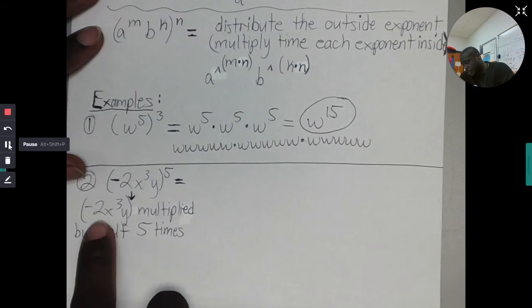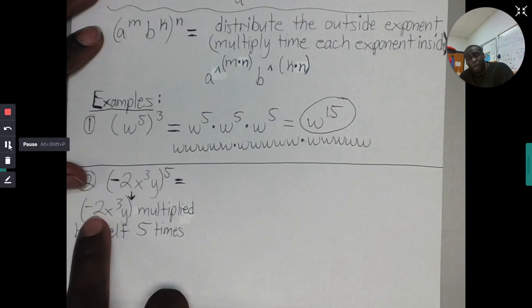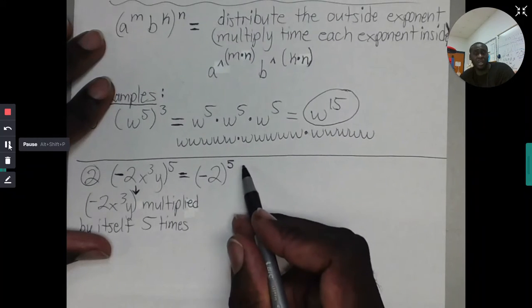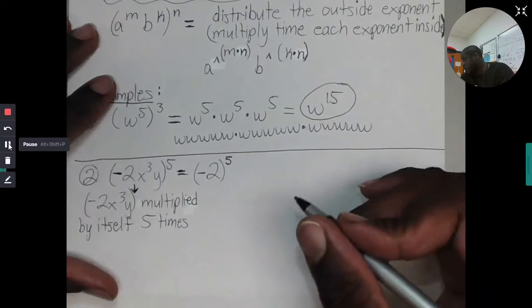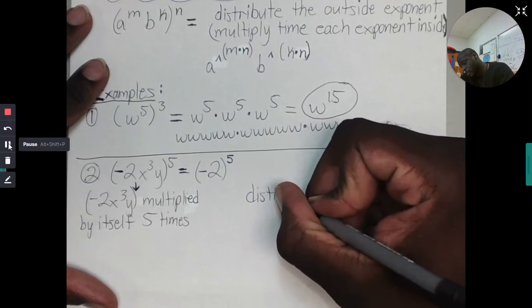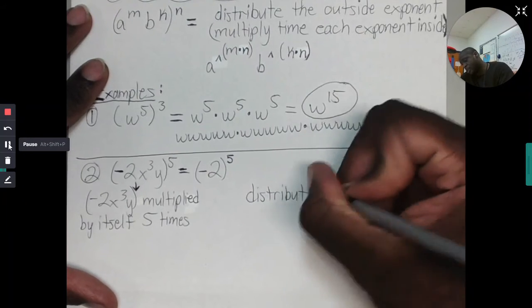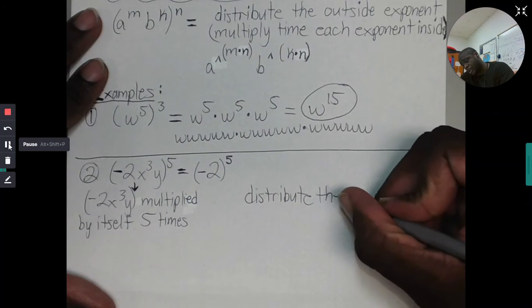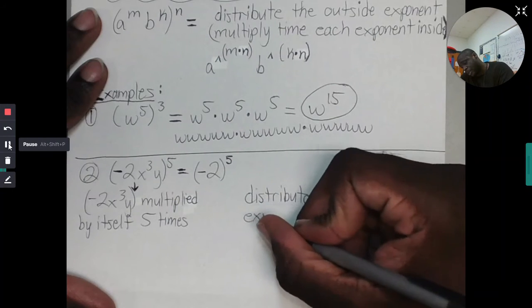Just like if you had this multiplied by itself 5 times, you'd wind up having the -2 multiplied by itself 5 times. That means that will be -2 raised to the 5th power. So again, you distribute the outside exponent to all the inside exponents.